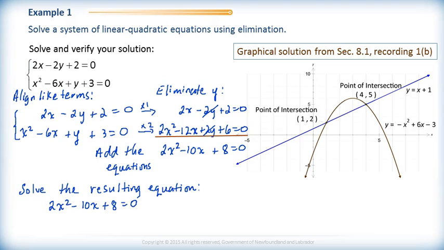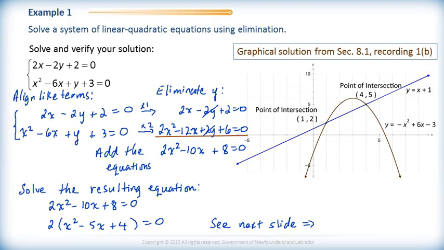I now focus on solving the resulting equation, 2x squared minus 10x plus 8 equals 0. I can either divide everything by 2 here, or this time I'll just take out the common factor of 2, and be left with x squared minus 5x plus 4, all equal to 0.